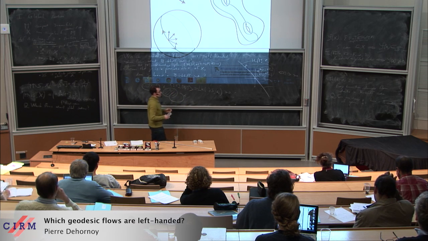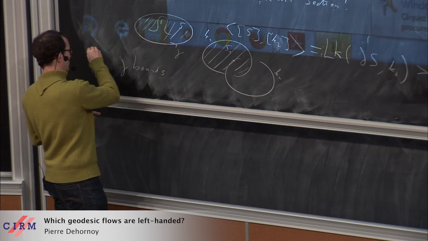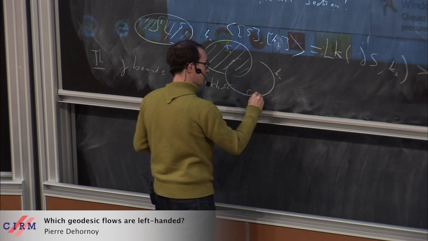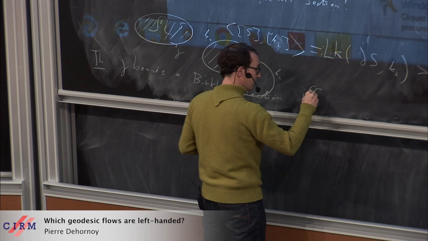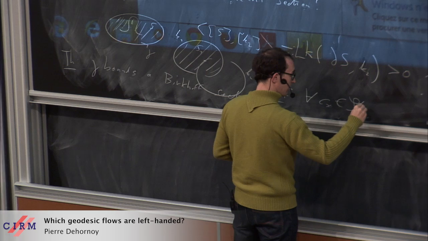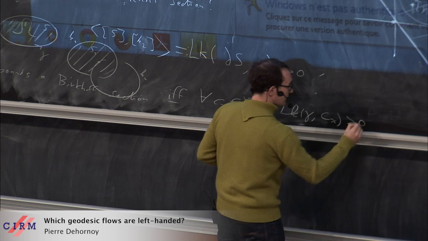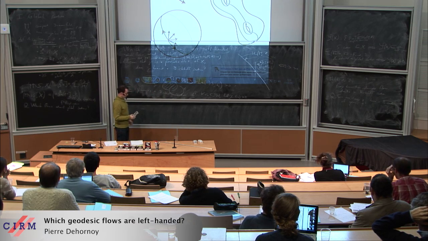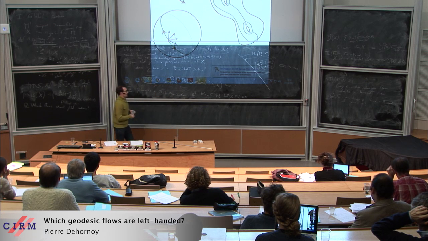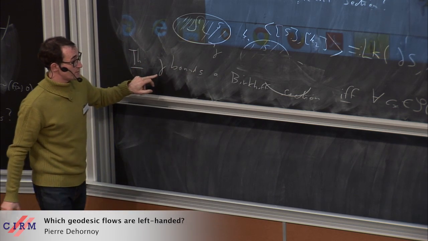So exactly as with Fuller-Fried, we have an equivalence: gamma bounds a Birkhoff section if and only if, for all asymptotic cycles, the linking number of gamma with the asymptotic cycle is positive.